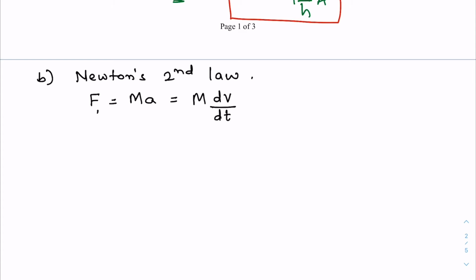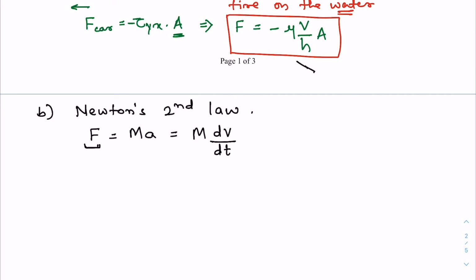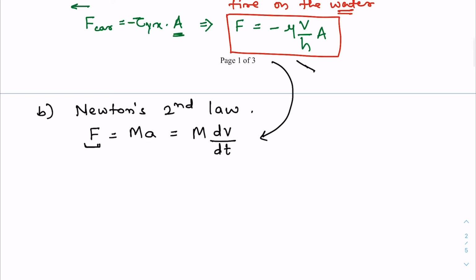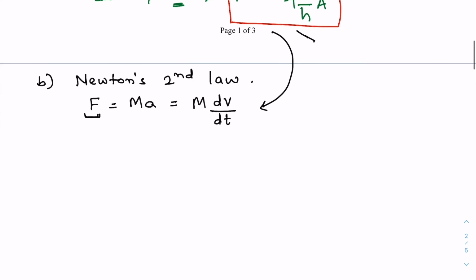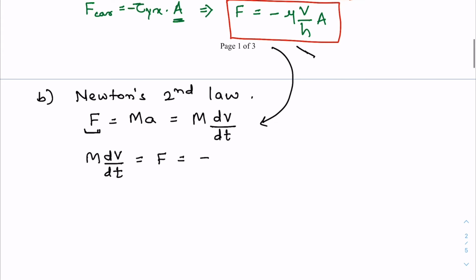We already found the expression for F in part A, which is here. We just need to substitute the expression for force in this equation and solve. So mass times acceleration is equal to force, which is minus mu v A by h.